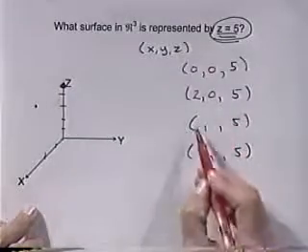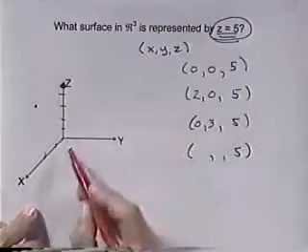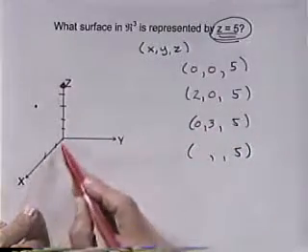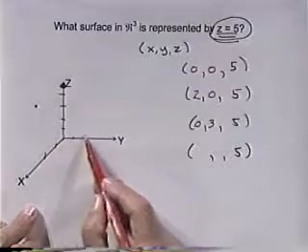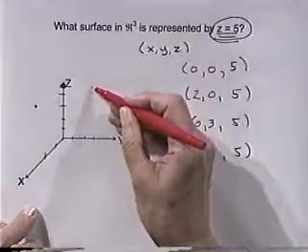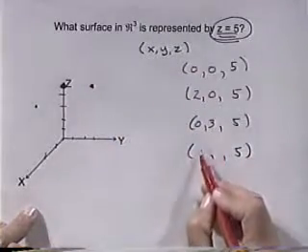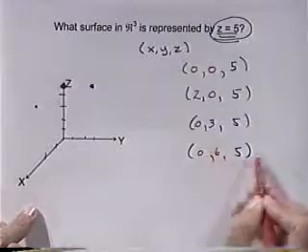What if I wanted to make my x be 0, my y be 3, and my z be 5? Well, then I go in the x direction 0, so I stay here, y direction 3, and z is 5. I go up 5. 1, 2, 3, 4, 5. I'm right here. Well, what if I had (0, 6, 5)?